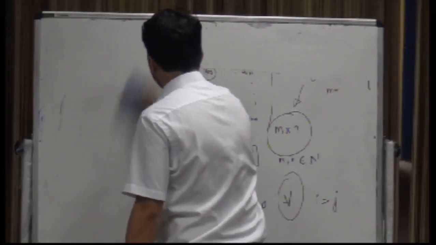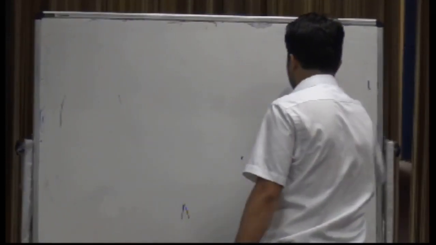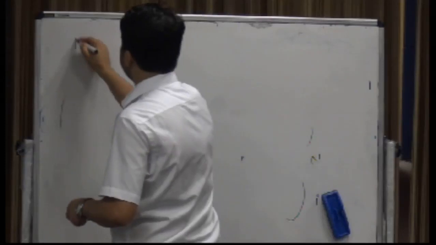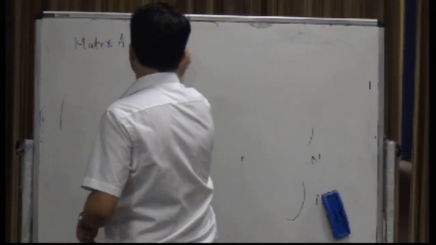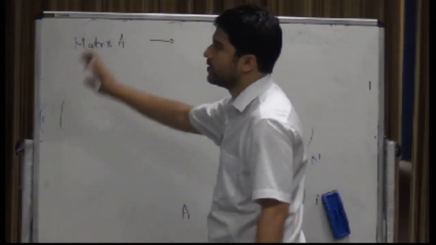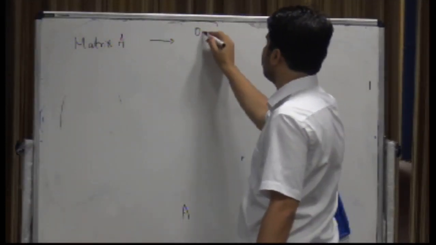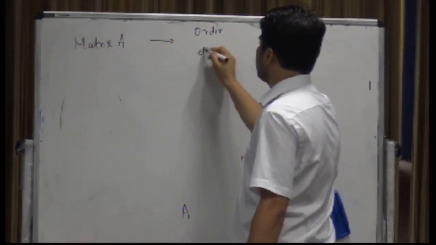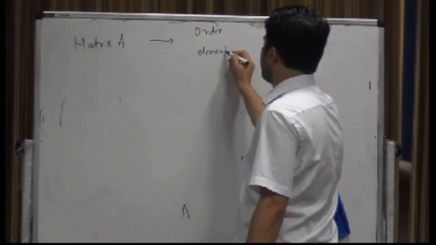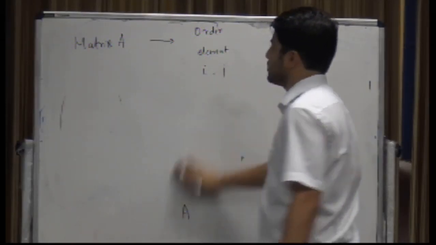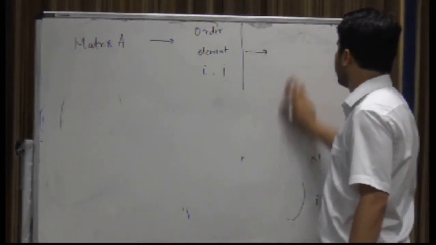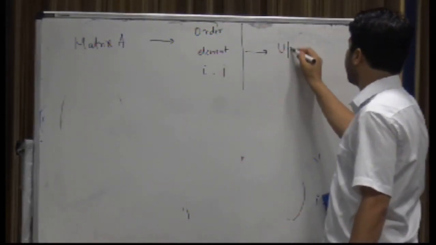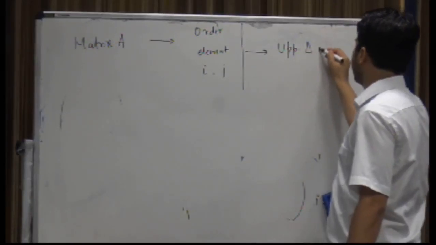What are those 3 terms? We understood matrix A. In this, we understood terms like order, element, i, j. We understand these, right? And then we understood the upper triangular matrix.